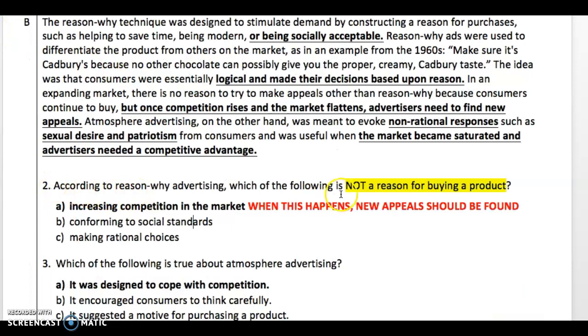Number 2, again, not a reason. So you are going to look for reasons. Well, B, conforming to social standards, which means obeying social standards, is here. Being socially acceptable, and making rational, logical choices is here.